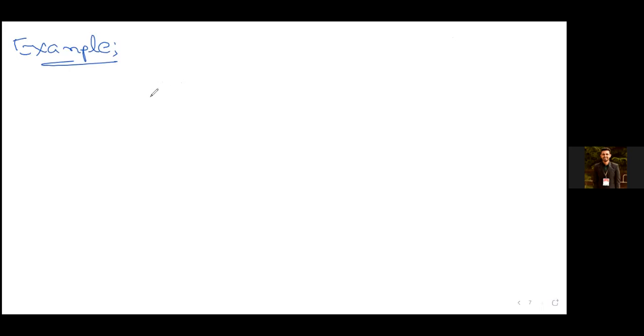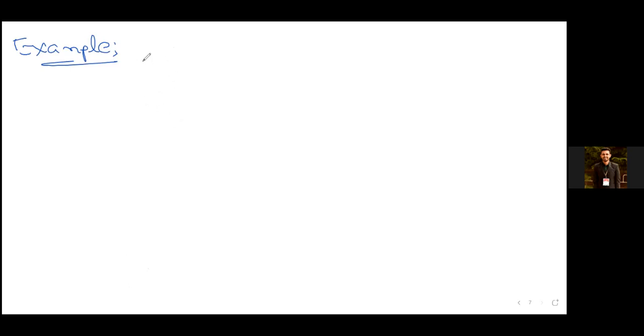Next is the example which I'm going to give, about how to find the zeros when a polynomial is given. Also, we have to find the other zeros. They have given only two zeros.